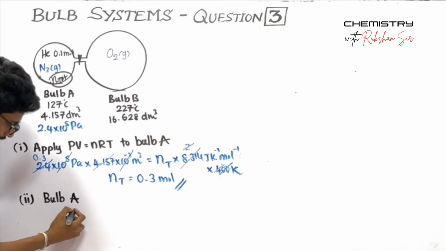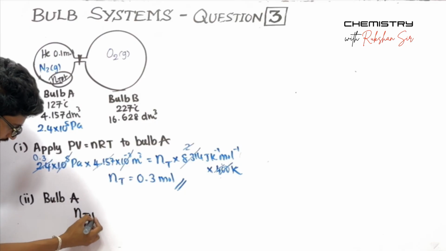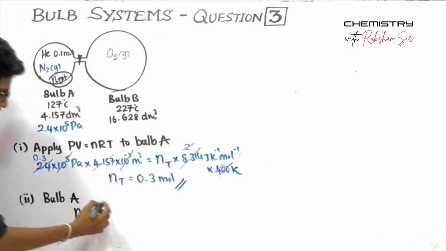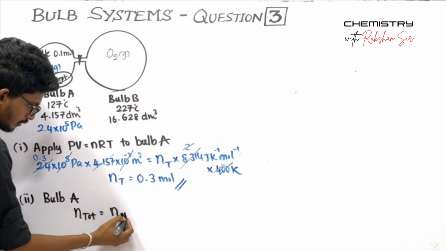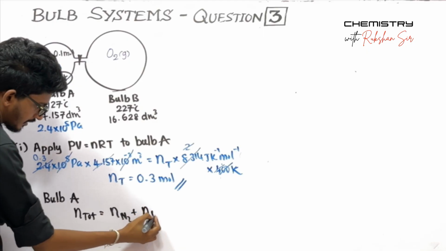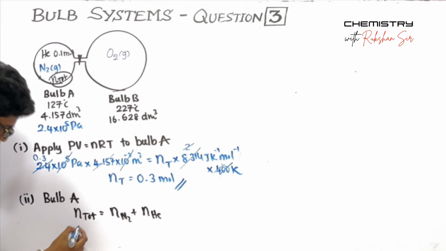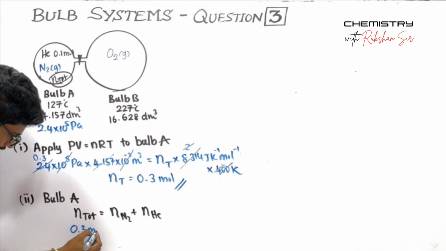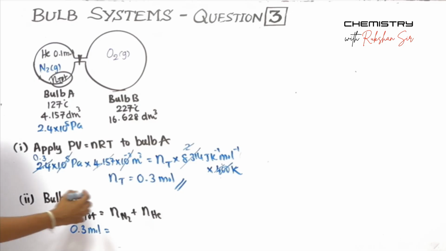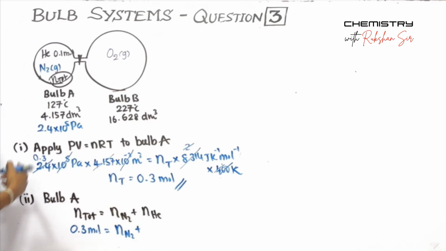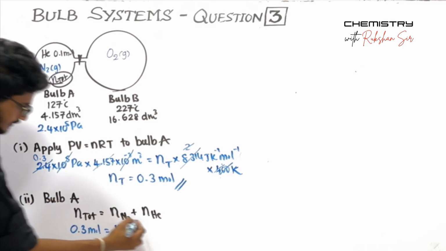So the n total is equal to the two gases there, moles of N2 plus moles of helium, right? So n total value is given as 0.3 moles. It is equal to the moles of N2 plus the helium value. The helium value is given as 0.1.